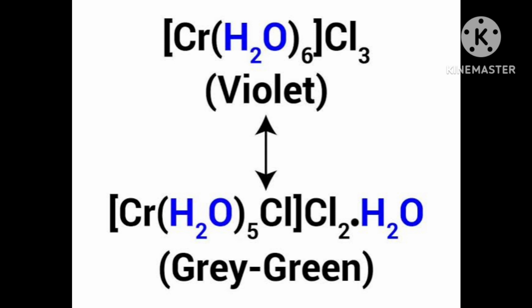Both are the same, cobalt NH3 in first also, in second also. But in the first SO4 was joined with cobalt, and now in the new one bromide came inside and sulfate went outside. Both are examples of ionization isomerism.